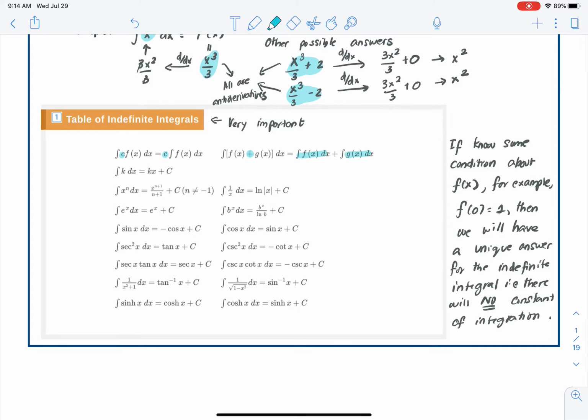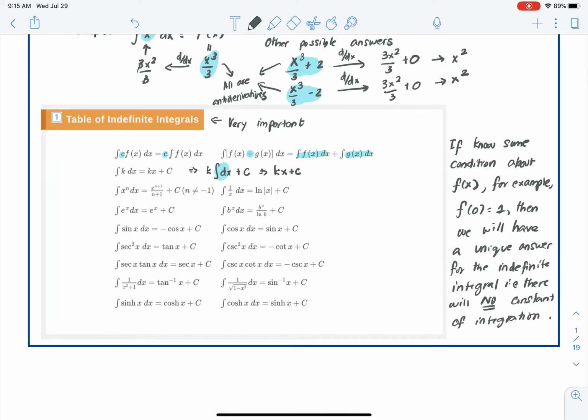We have seen this before. If we integrate k times dx, I can pull the constant out and write it as k times integral dx plus c. Integral of dx is always x, so the answer would be kx plus c. The rest of the integrals, they are things that you've got to know.